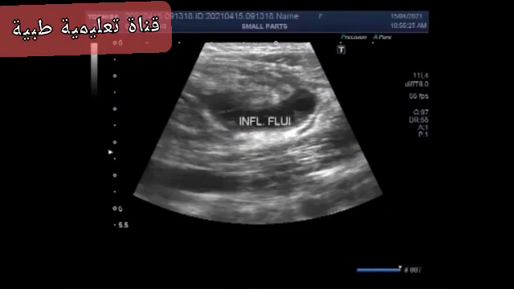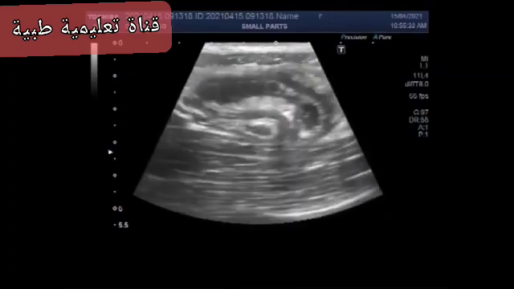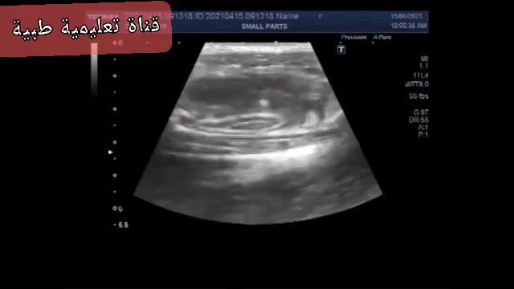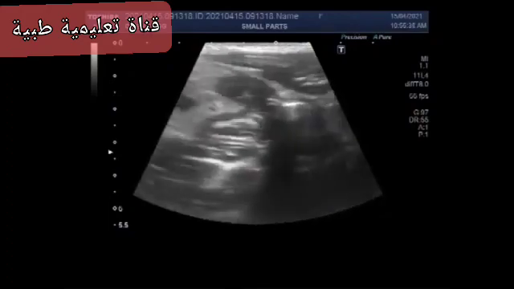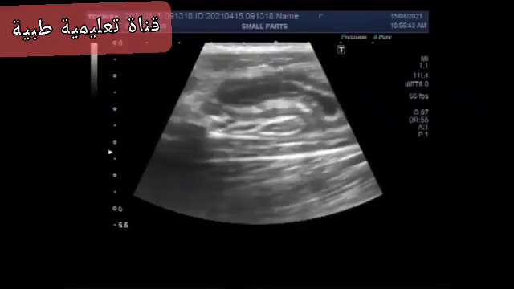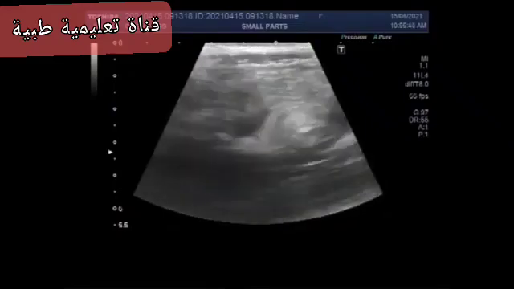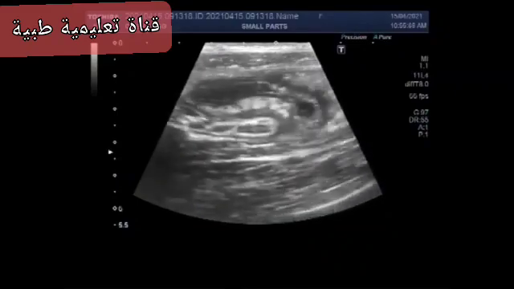The localization of the psoas muscle is also important, as the appendix is often seen overlying it. Again, you can see the enlarged and inflamed appendix. The localization of the psoas muscle will help to localize the appendix.